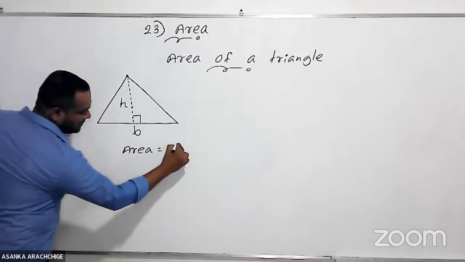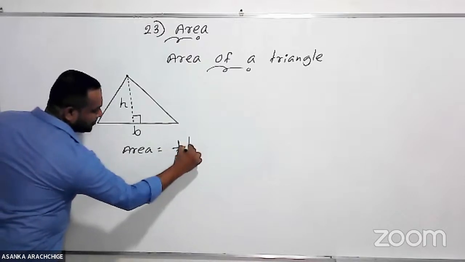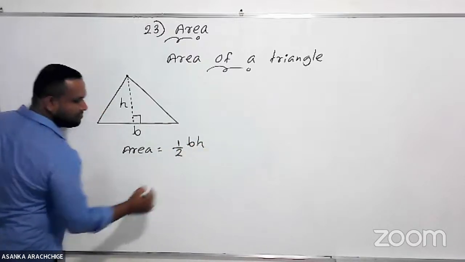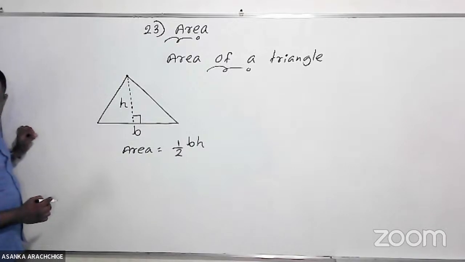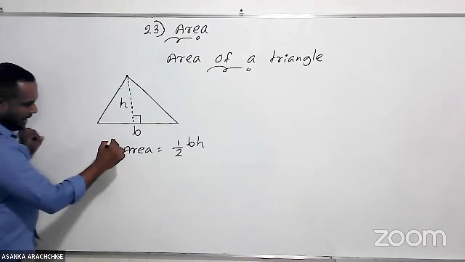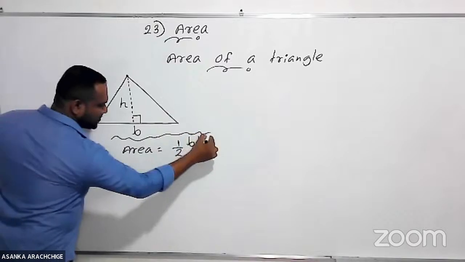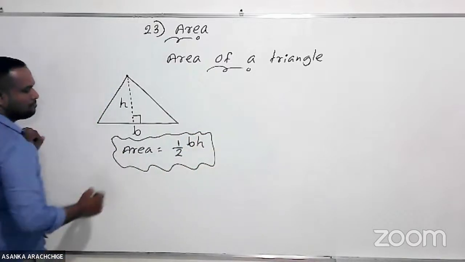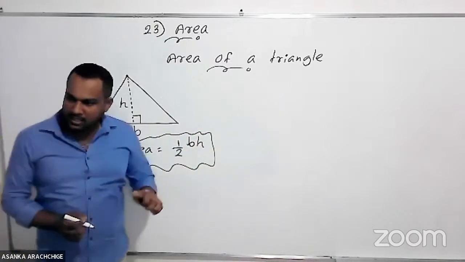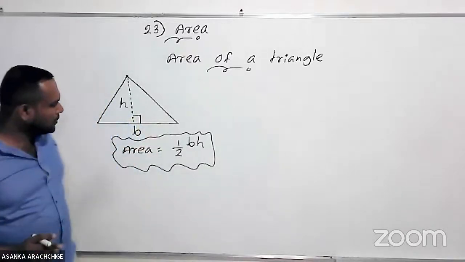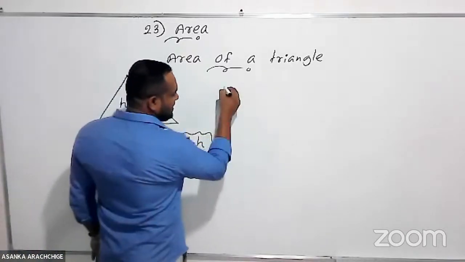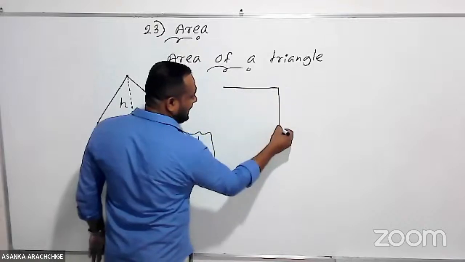Area equals half into base into perpendicular height. Understood? Half BH, half times base times perpendicular height. So today, when it is a right angle triangle, look.